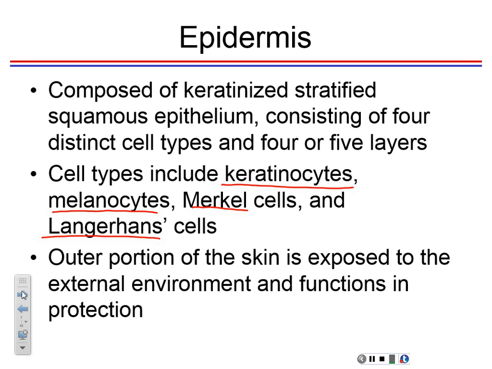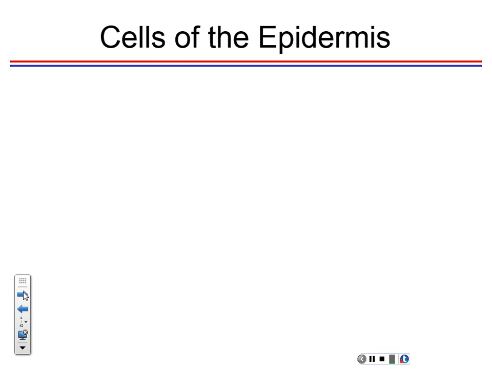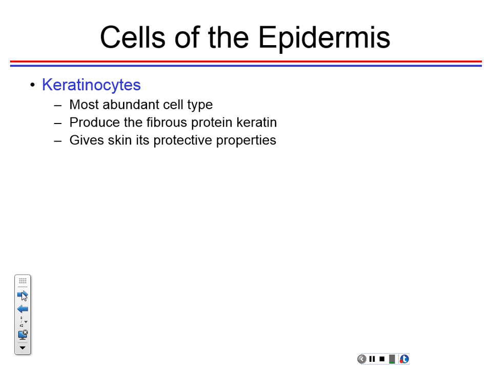So the outer portion of skin, of course, is exposed. Like we talked about with epithelial tissues, there's an exposed surface, which is the apical surface, right? And because of the layers, it protects from abrasions, physical damage, and also entry of bacteria. All right.